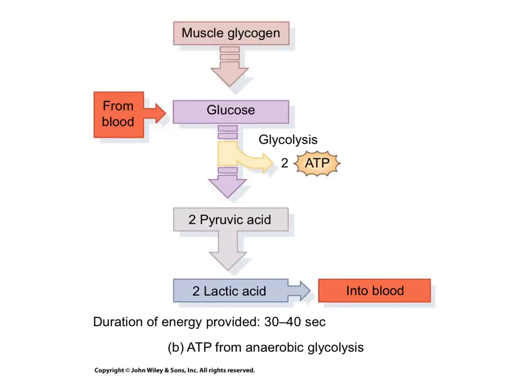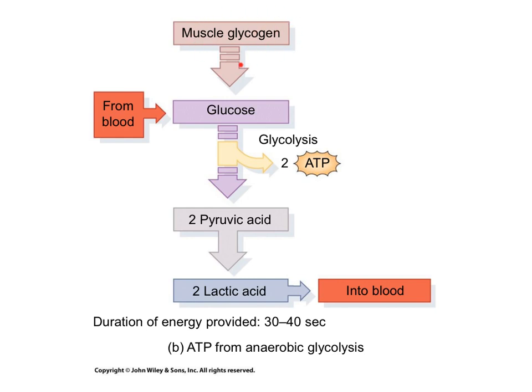The next way the cell is going to be able to generate ATP is from anaerobic cellular respiration. Once we pass that 15-second mark, the glucose that is within the cells is going to be catabolized to produce ATP. I had mentioned before that there's a lot of glycogen in the muscle cells.